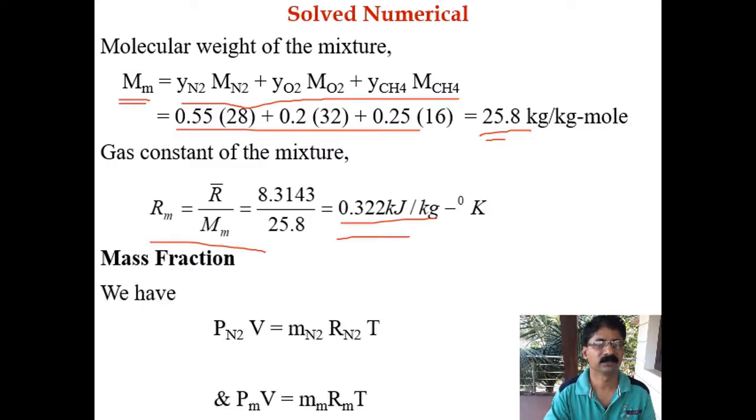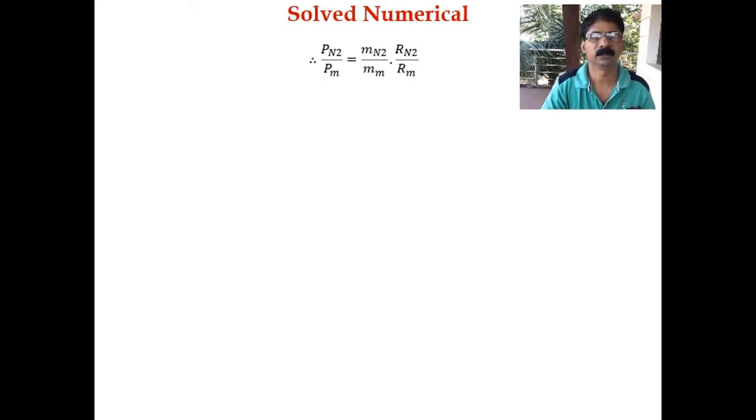Then the mass fraction. Once again use the state equation, PV is equal to mRT, applied for the individual gases. So PN2 V is equal to mN2 RN2 T and Pm V is equal to mm Rm T. Now if you divide, you'll get the ratio of the partial pressure of N2 divided by the total pressure of the mixture as the mass of N2 divided by the mass of the mixture, into RN2 by Rm.